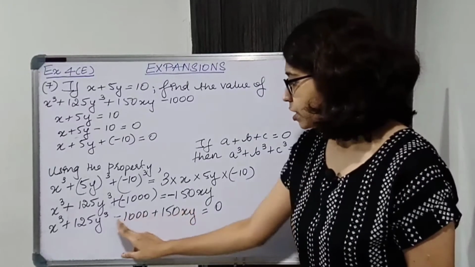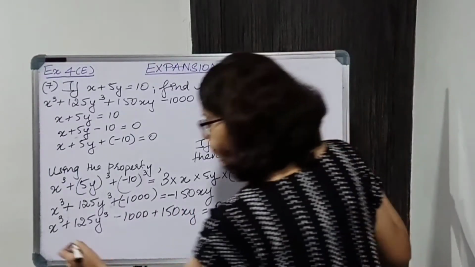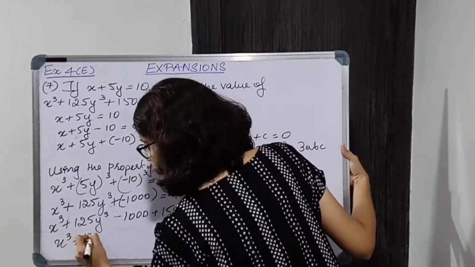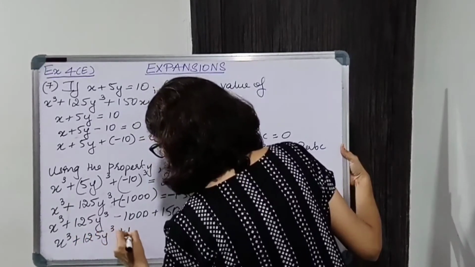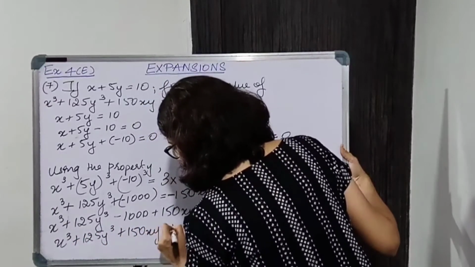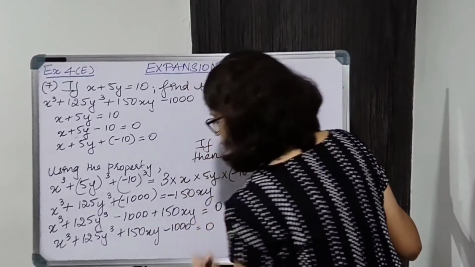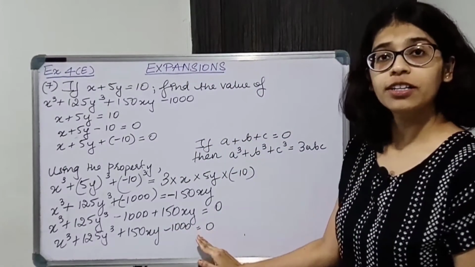Okay, I'll just rearrange this. So x cube plus 125 y cube plus 150 xy minus 1000 is equal to 0. Okay, so we got the value of this.